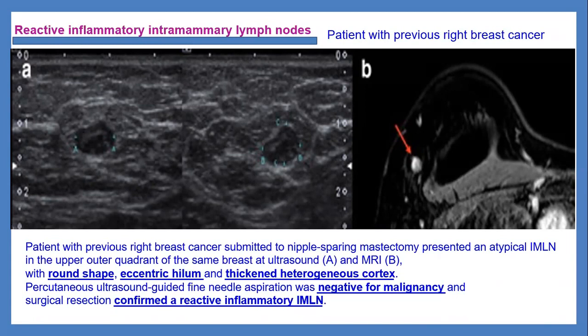I have seen it still oval toward rounding, but not very rounded. They described it as rounded, with eccentric hilum and thickened heterogeneous cortex on ultrasound. Percutaneous ultrasound-guided biopsy was negative for malignancy and confirmed reactive inflammatory intramammary lymph nodes.